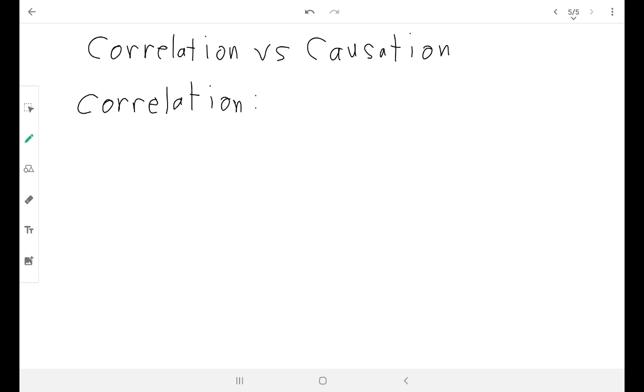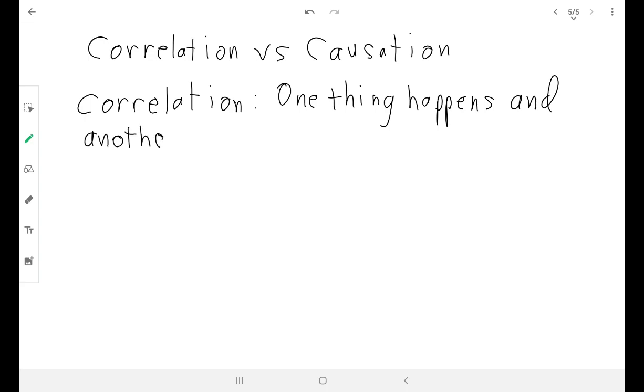first. Correlation is that one thing happens and another thing is likely to happen.